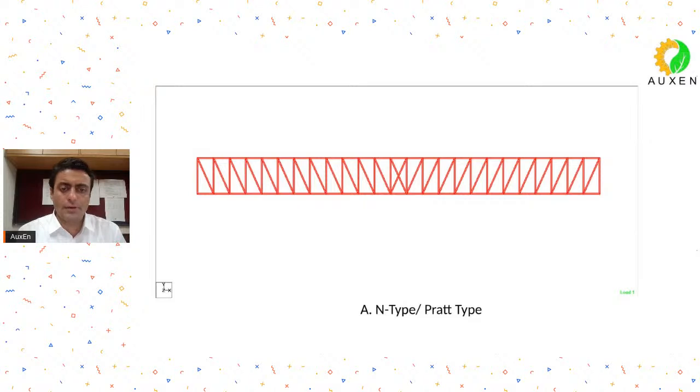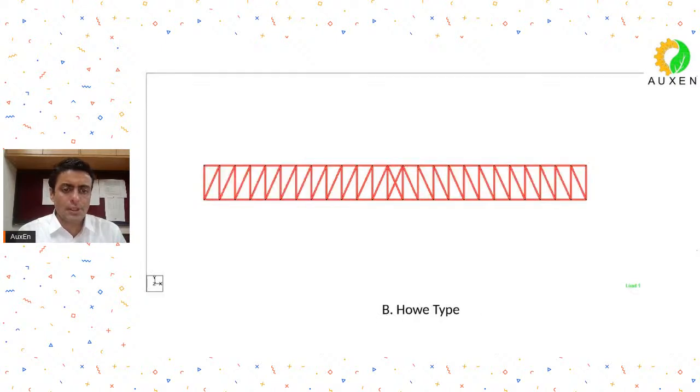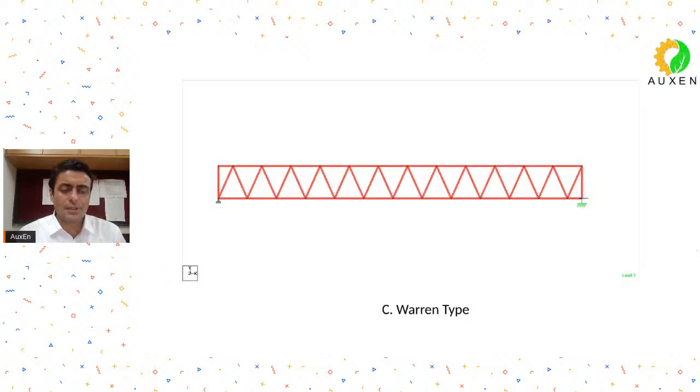What are the common truss type of bridges that you see? This is called an N type or a Pratt type of truss bridge. This is called a Howe type. I call this also an N type, but I saw in the books they have written it as the Howe type of truss system. This is a Warren truss.